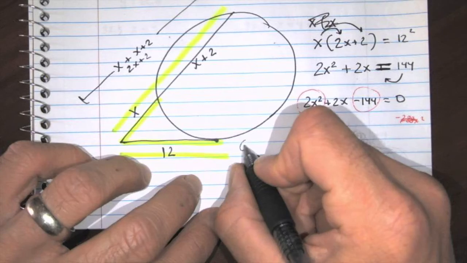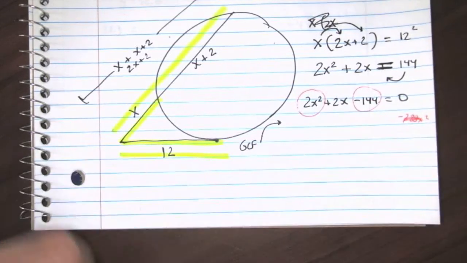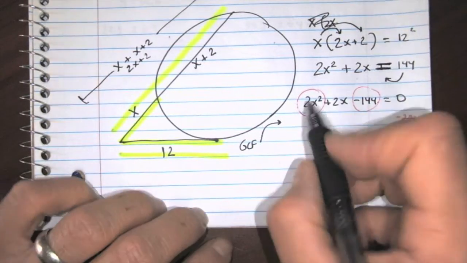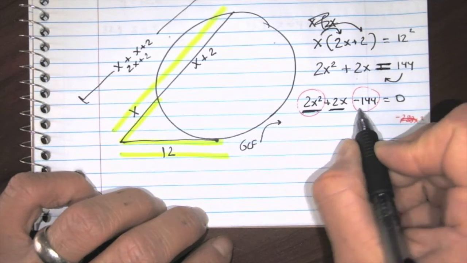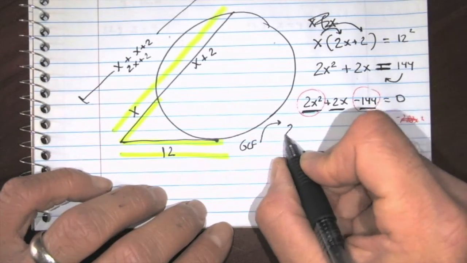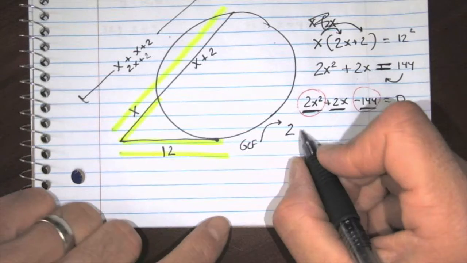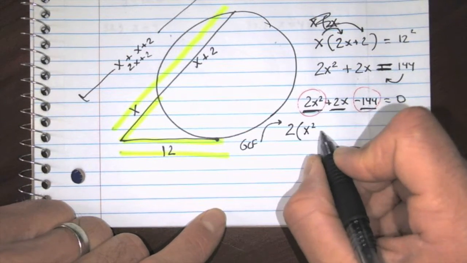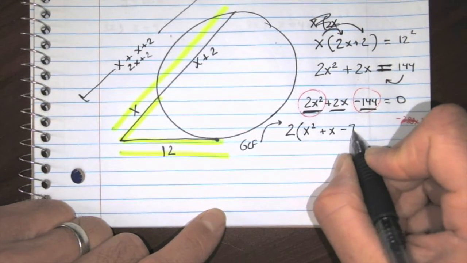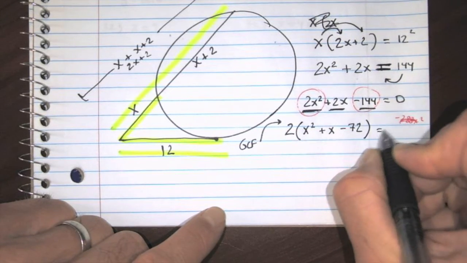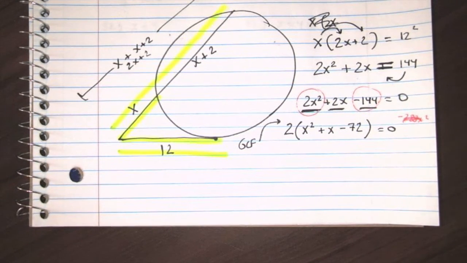Always see, when you're factoring, always see if you can take a greatest common factor out. Every single one of these values, can you take a number out? Yeah, take a 2 out. When you take a 2 out, you're left with x squared plus x minus 72 equals 0.